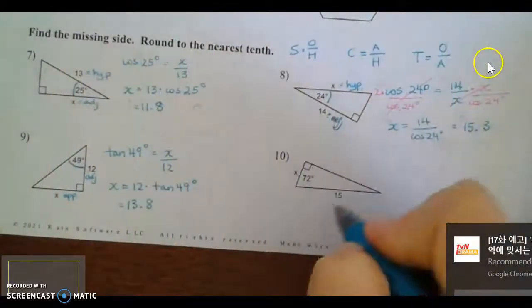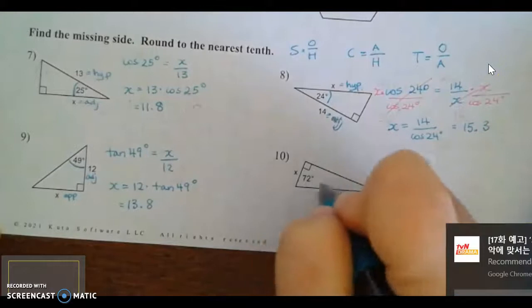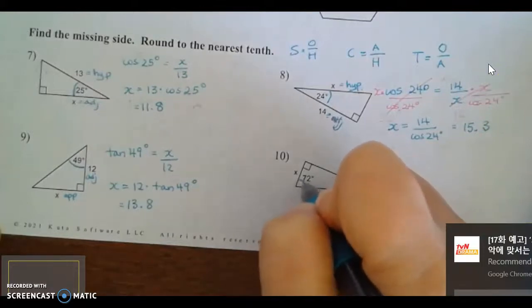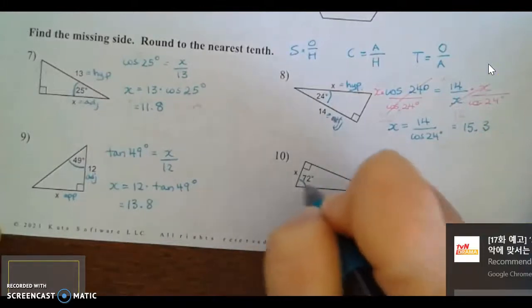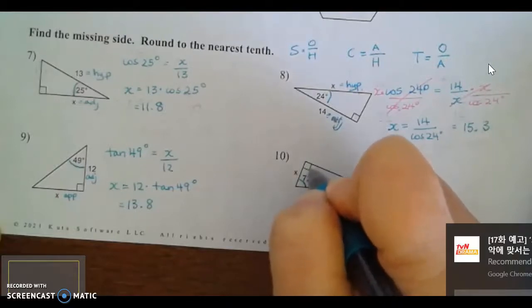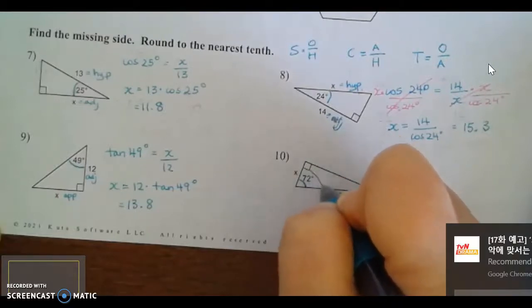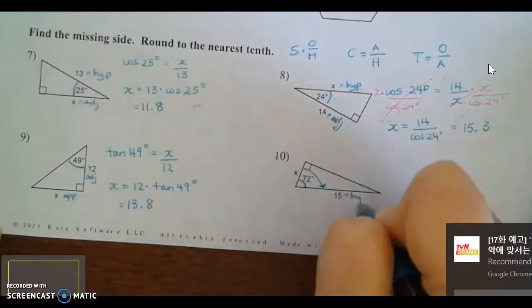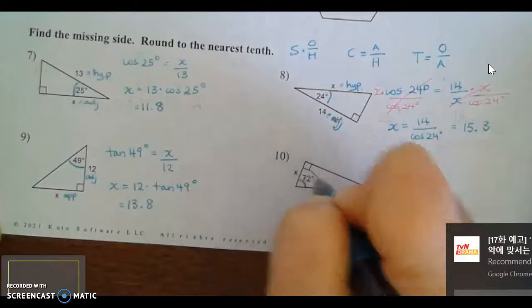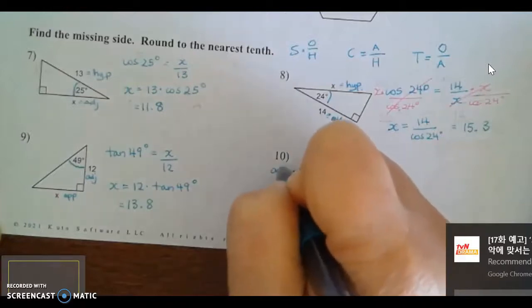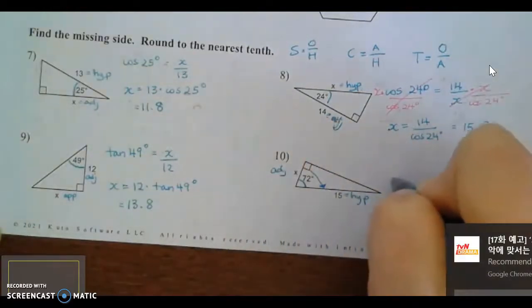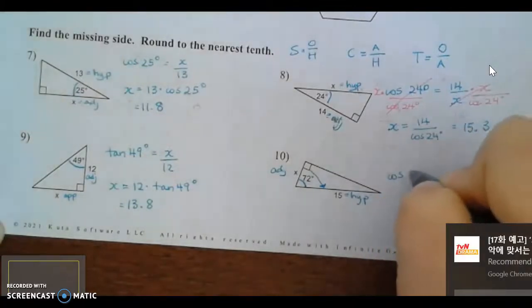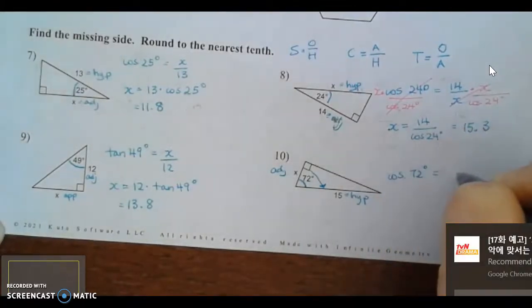Number 10. Okay, what are the angles that we're dealing with? This is the angle measure that we're given. And so this, the 15, although it's rotated, is across from the right angle, so that makes it the hypotenuse. And right next to it is the adjacent. So again, we have cosine of 72 degrees is adjacent, which is x, divided by 15.